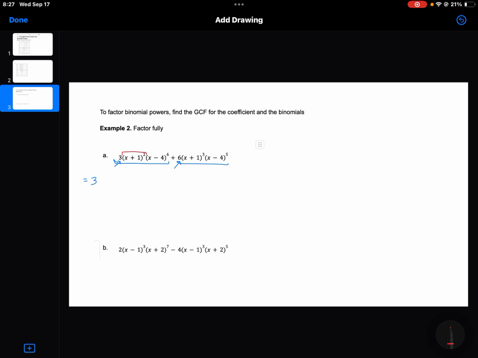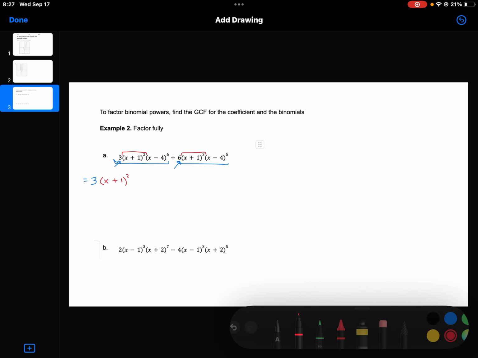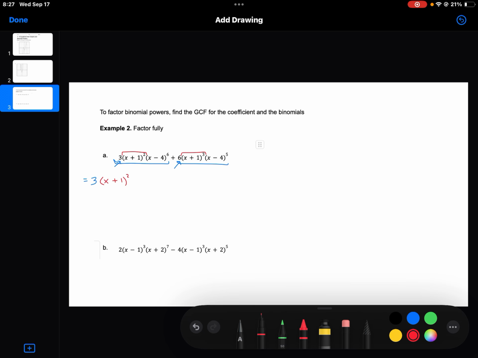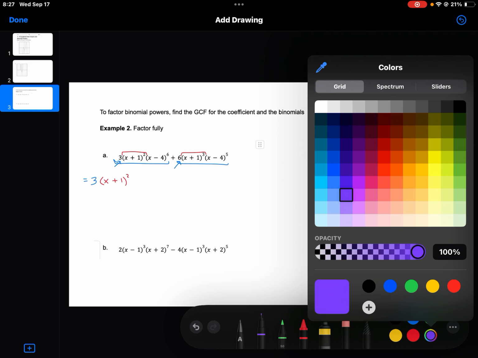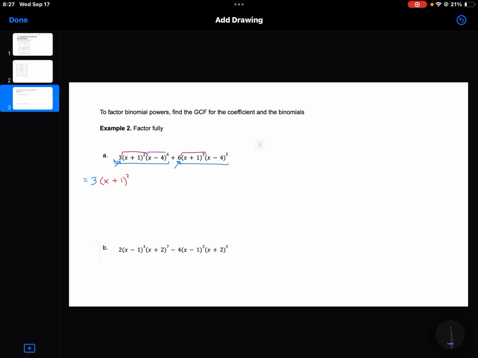x plus 1. And I see in this one I've got x plus 1 cubed. That means that I can take out x plus 1 squared from each of those terms without running into an issue, without not having enough in either of those. The last binomial that I'm going to look at, use purple, is x minus 4.